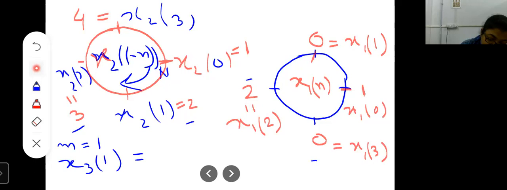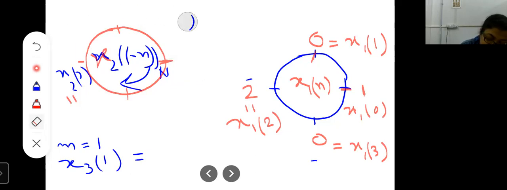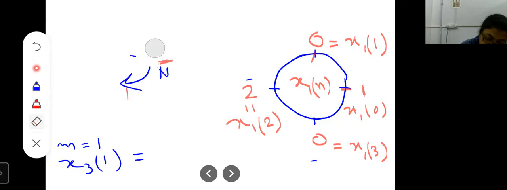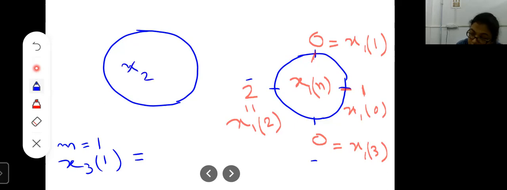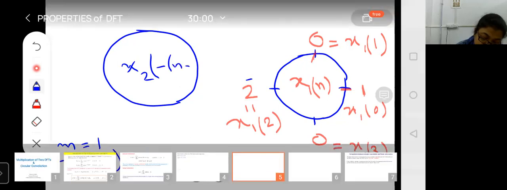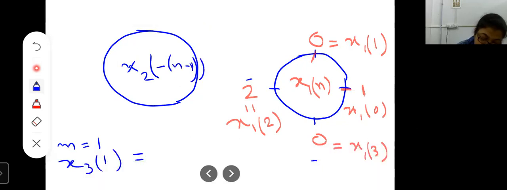So this way you have to shift. Now I am drawing this part for you again after shifting it by 1 unit. Now see, again draw the circle. So this value should be your x2[(n minus 1) modulo 4], and N is your 4.